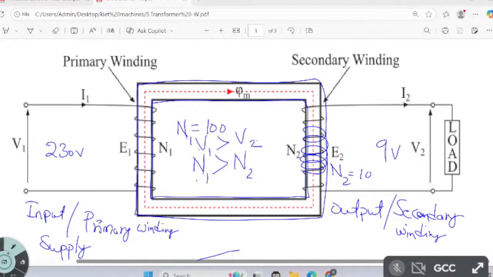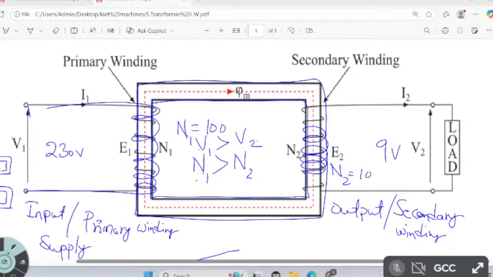Like this is 1, and another one. Like this 1, 2, 3, 4 will form the very big core. For that core I am winding this, like this, clockwise. So this is the input supply.